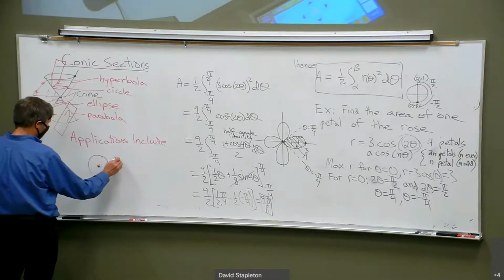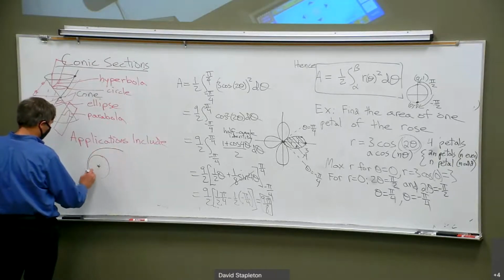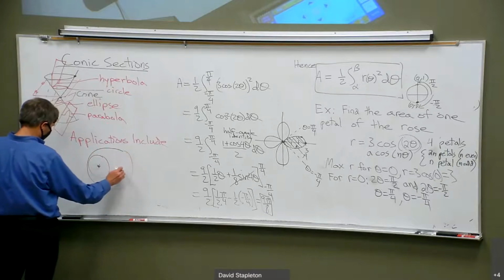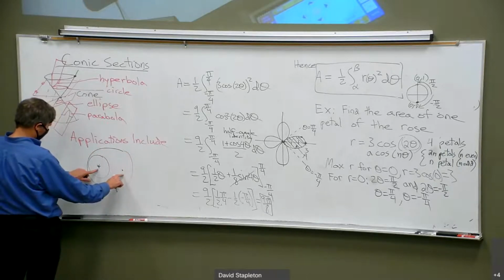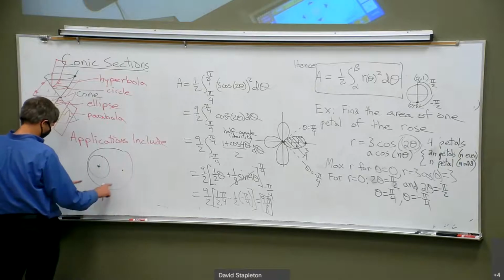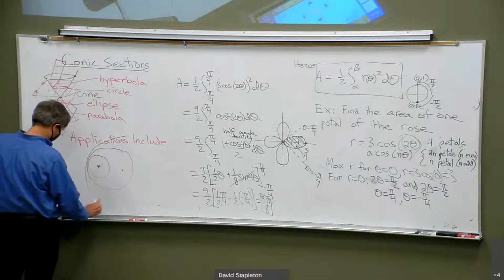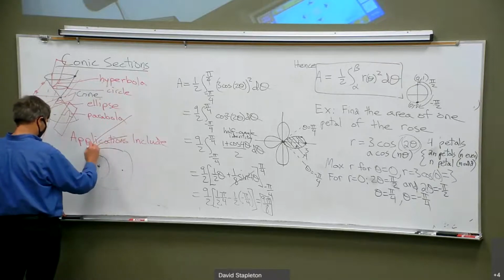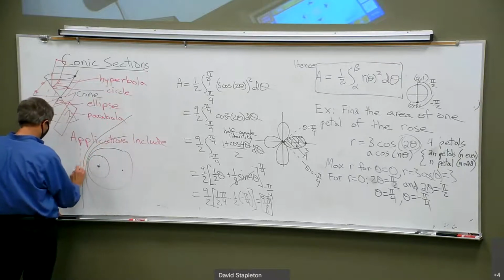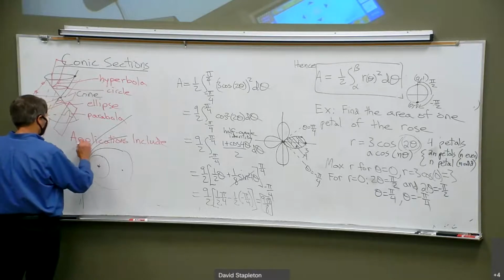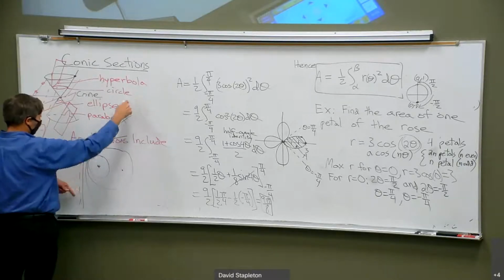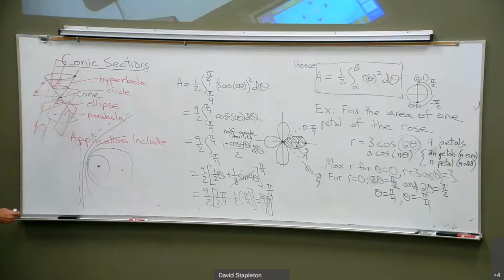But you can also make an ellipse where it turns out the sun is one focus. There's two foci, and we'll talk about what the foci are shortly. Or you can do a parabolic trajectory where it just has escape velocity, or you can do a hyperbolic trajectory. The hyperbola has asymptotes. The two directions get closer and closer to lines like that. So there's the conic sections in action.